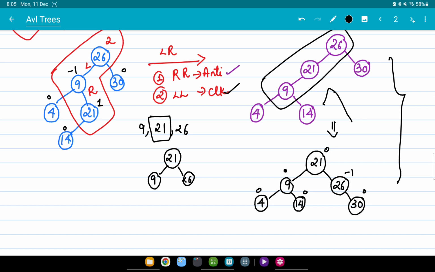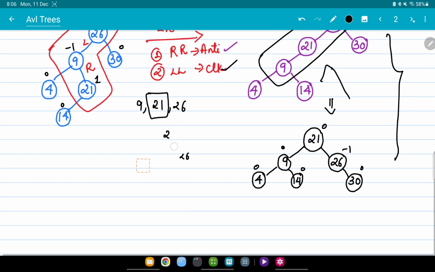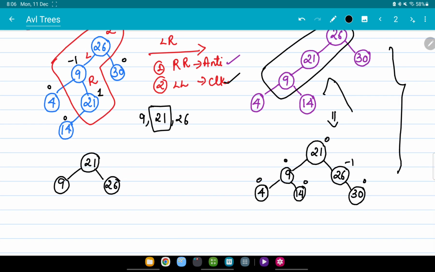So if 21 is the middle element, it is very obvious that 9 is less than 21, so it will come onto the left side, and 26 is greater than 21, so it will come onto the right side. So make a binary search tree like this, with 21 in the middle and 9 onto the left side and 26 onto the right side. Now after you do this, the rotation part is done. Okay, you're done with your rotation.